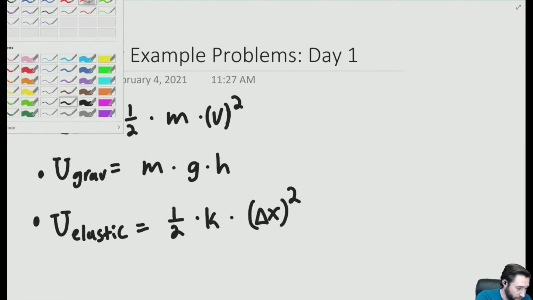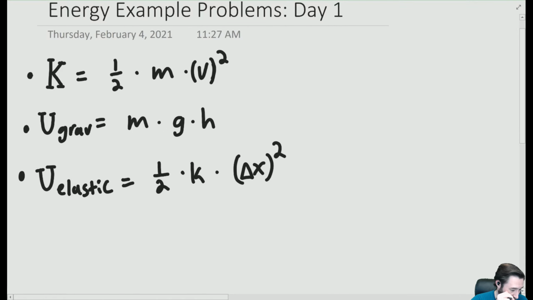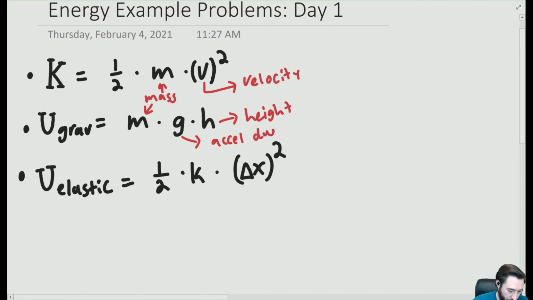So, before we get too far, we've got mass, velocity, height, acceleration due to gravity, and then these two are going to be a little interesting.